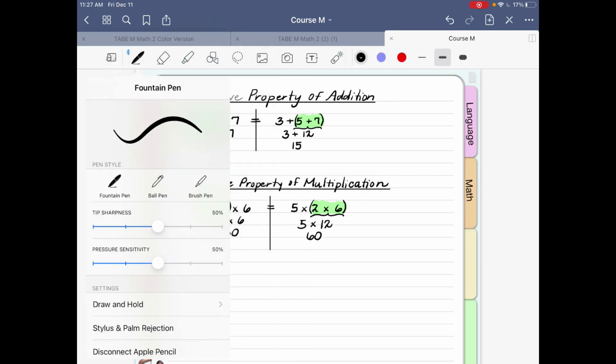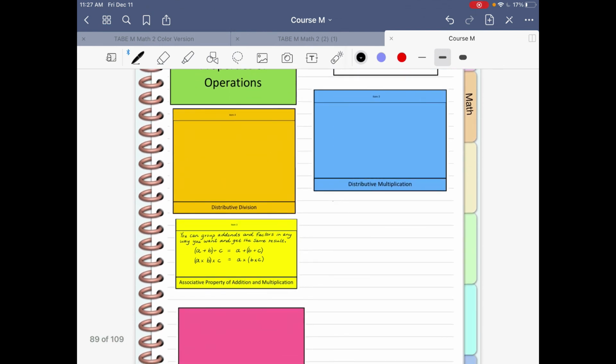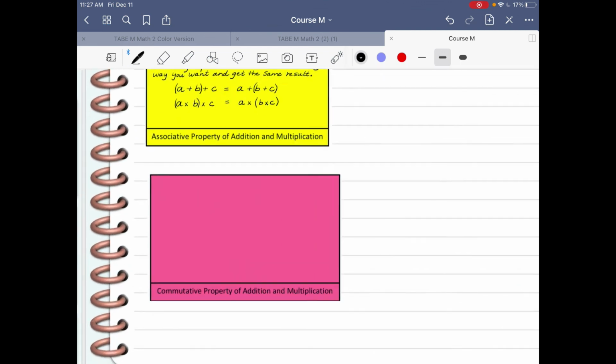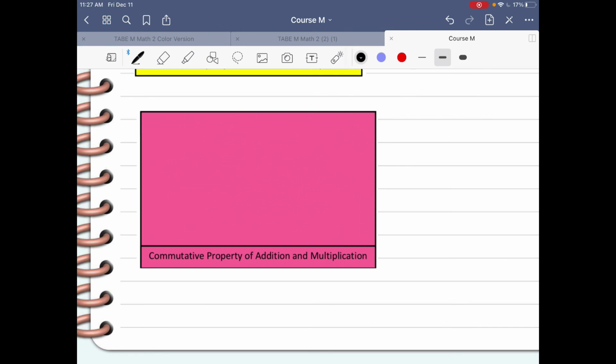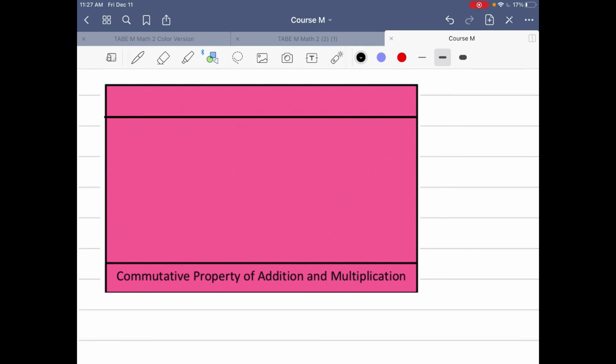All right, let's go back to this one. Let me flip back in my notes, and I need the pink one, the commutative property of addition and multiplication. And you should have your line up there. Not sure what happened to mine, but it should be there. Okay, so here's the rule on this one.